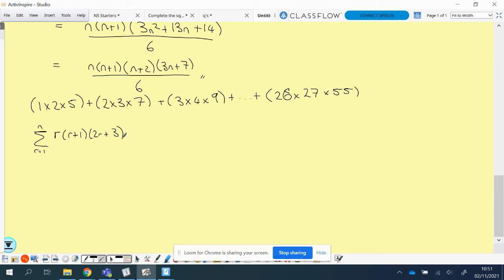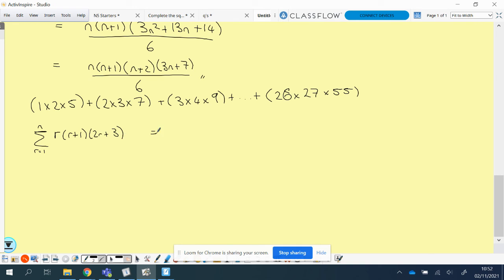What you can see here is that if I make r equals 1, then I've got this first bracket here, don't I? And if I make r equals 2, I've then got the second bracket there. And it's asking me to sum all the way up to here, where r is up to 26 as the maximum. So n here would be 26. That's the last step it wanted me to evaluate.